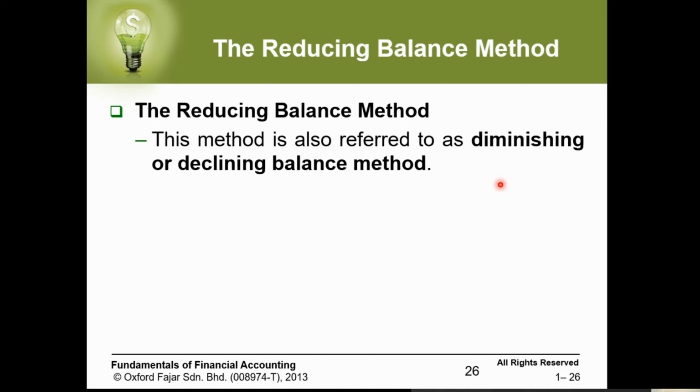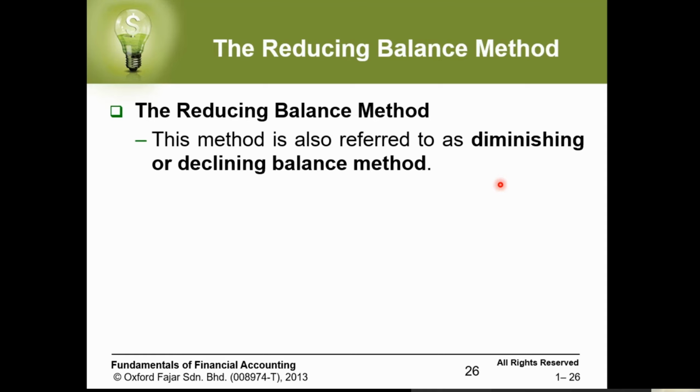This method is also referred to as the diminishing or declining balance method. I do believe that the asset will give more profit or more capacity or more production in the first few years of its life, which is going to be diminished or reduced by the years.